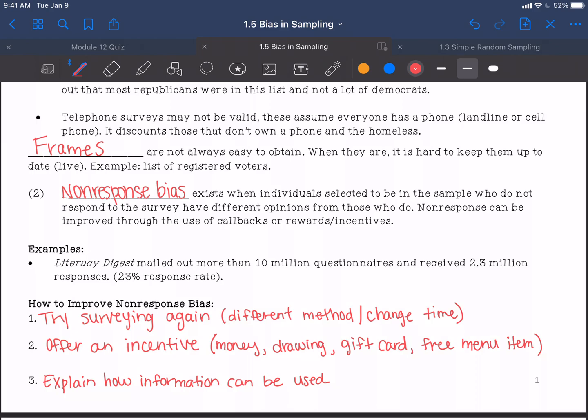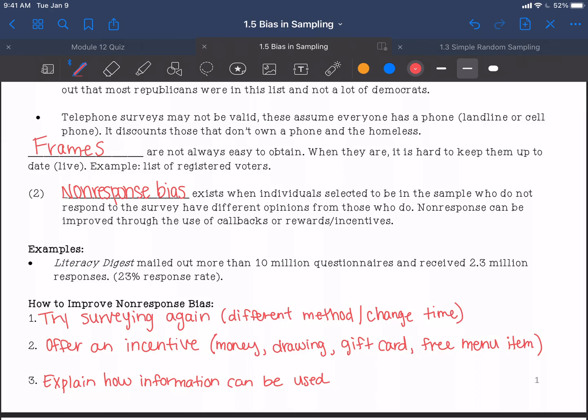Say I get a list of all registered voters in Ohio today, and I'm going to send out a survey to a random sample of them. Well, if I'm not ready to send out that survey until next week or even later, it's very likely that there were people who registered to vote between the time that I got my frame and the time that I sent out the survey.